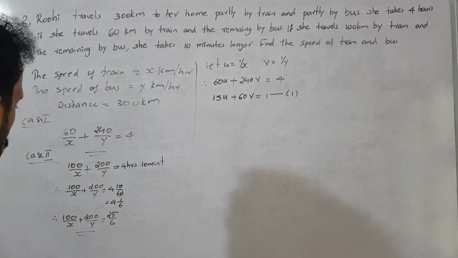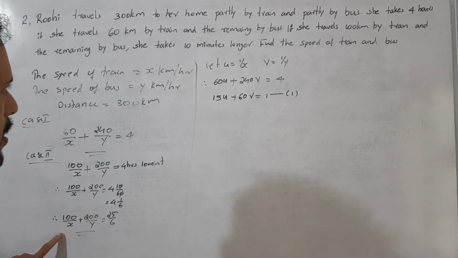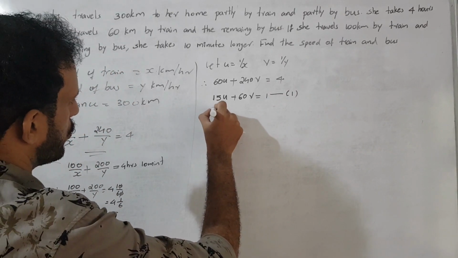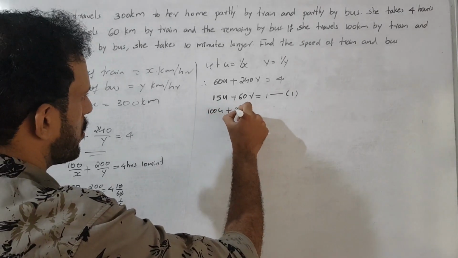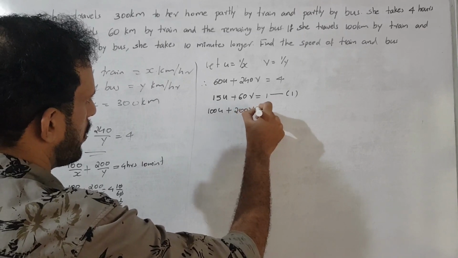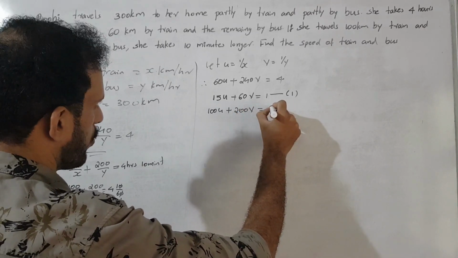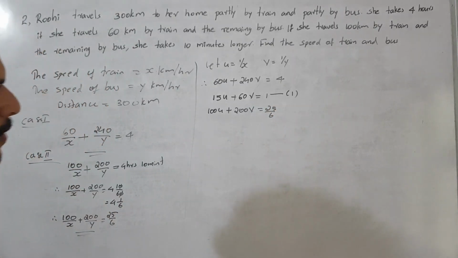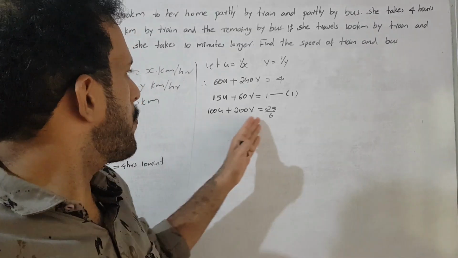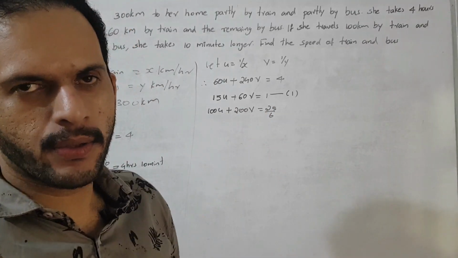The next, second one is 100 by x. 100 by x is 100u plus 200v is equal to 25 by 6. Here it is possible to reduce by 25, correct?